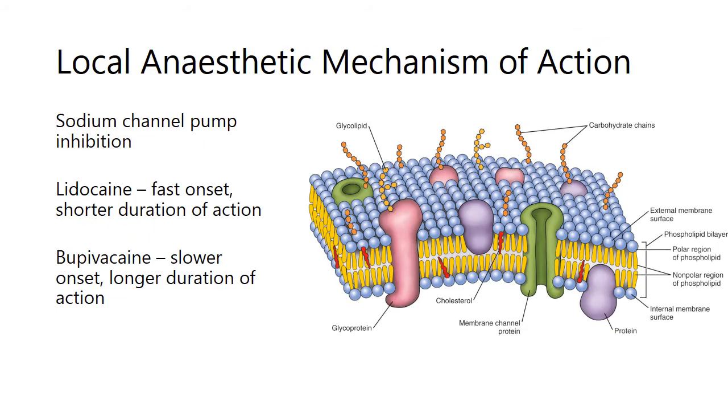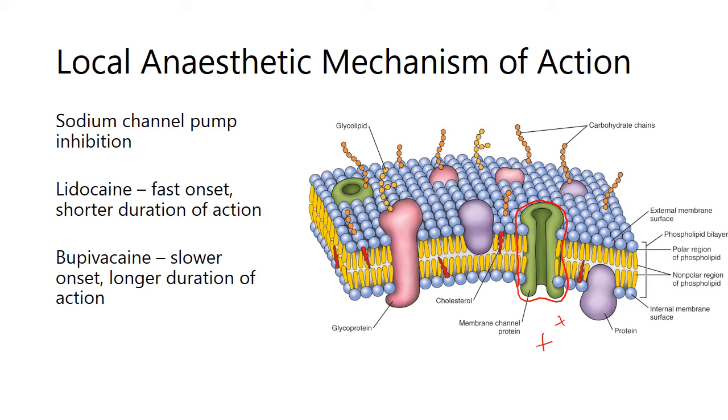Earlier, when we looked at the physiological mechanism of pain and how a neurological signal goes from the nociceptors to the spinal cord, we said that there's a need for sodium ions to travel into the cell, and they need to travel through these large protein molecules within the cell wall.